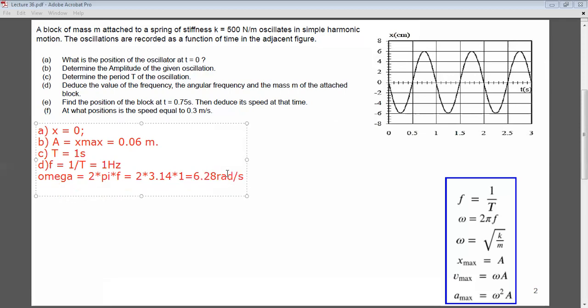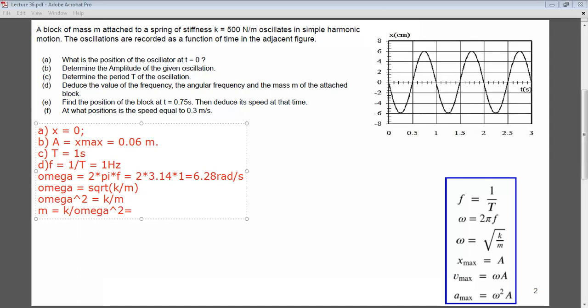Okay, deduce also the mass m of the attached block. So we use omega equal square root of k over m, or omega squared equal k over m. So m is k over omega squared.